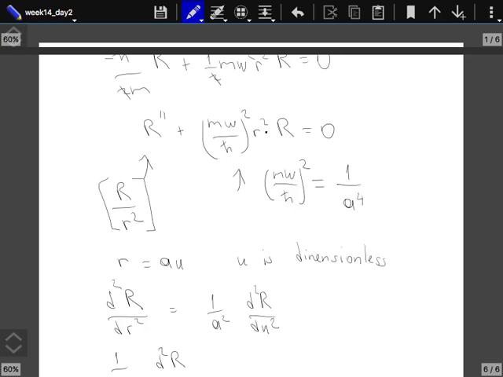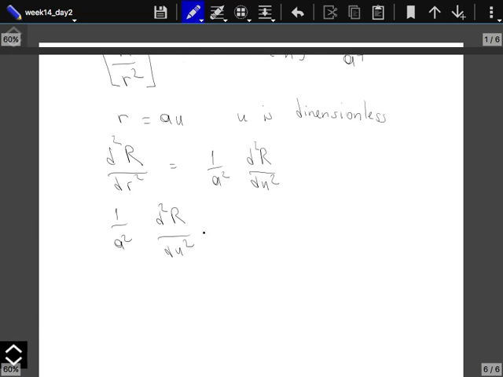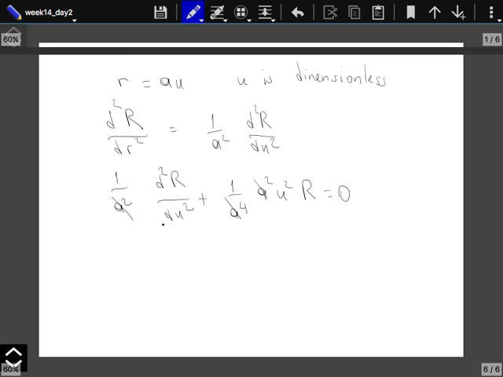First it should cancel its units, and then it will also give a total unit of 1 over r squared. So I have to have 1 over length to the 4. Plus 1 over a to the 4, a squared u squared, R should be equal to 0. Well, I can just cancel these a's. So this is the equation that R should satisfy at infinity.